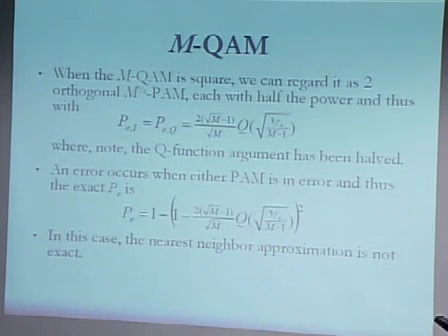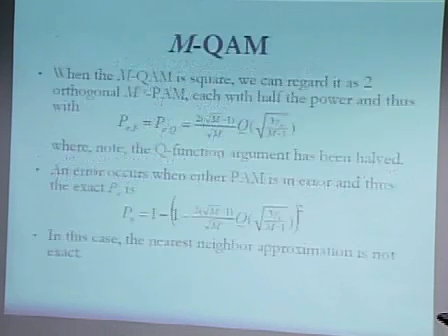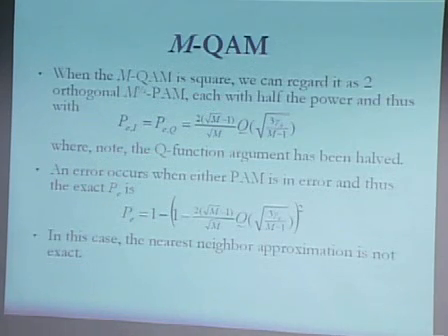So for each of the branches, P sub B is this formula, where I replaced M by root of M, and I divided gamma sub s by 2. Why? Because half the power goes into I and half the power goes into Q. So the corresponding gamma of the fictitious PAM on each of the branches has only half of the total power that we have. So with these two corrections, we get this formula for the I and the Q branches.